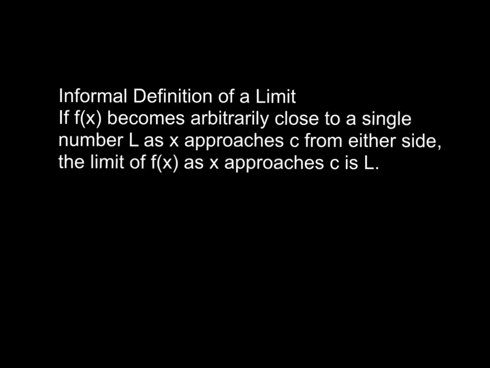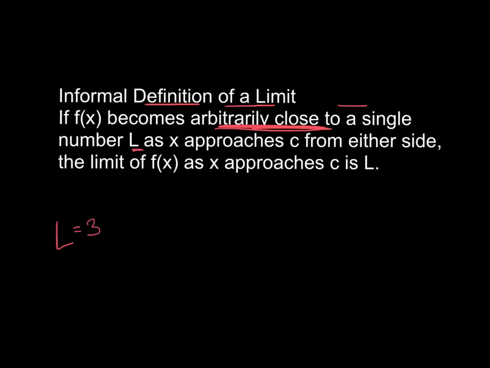So here is our informal definition of a limit. The implication is that there's a formal definition, but you will see that at a later time. So here we have f of x, our function, becomes arbitrarily close to a single number L. So in our example, our L was equal to 3.